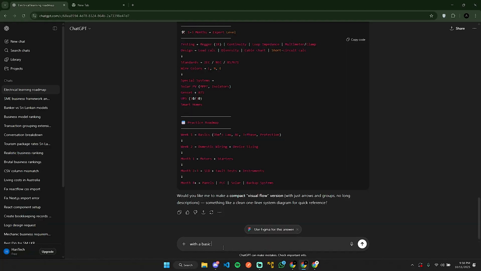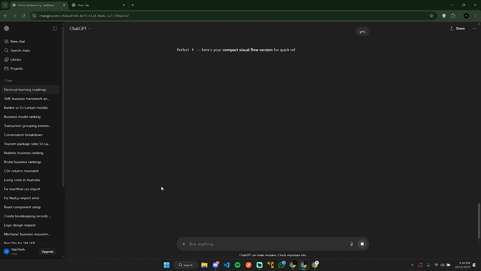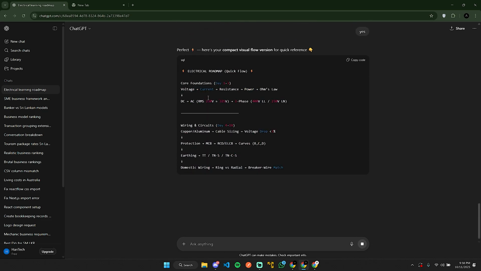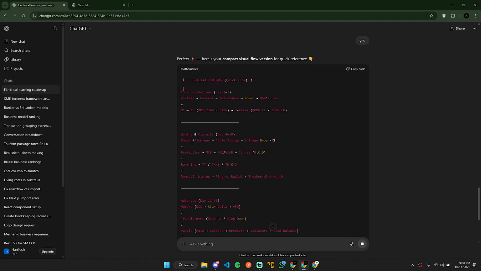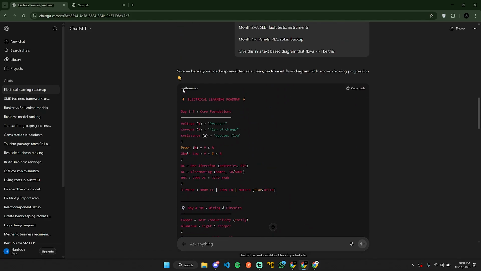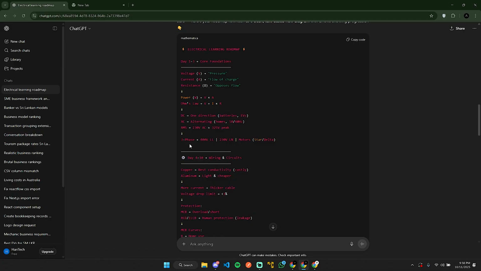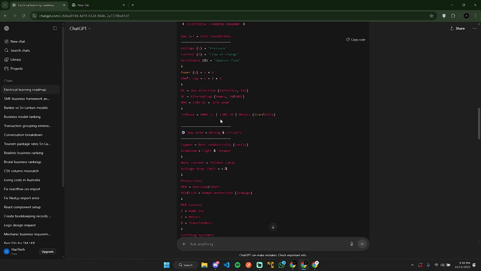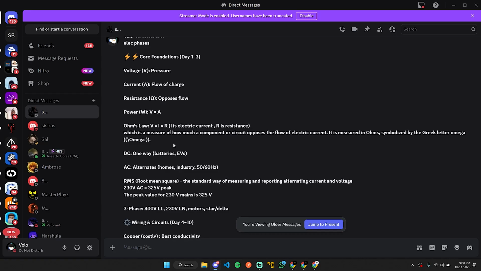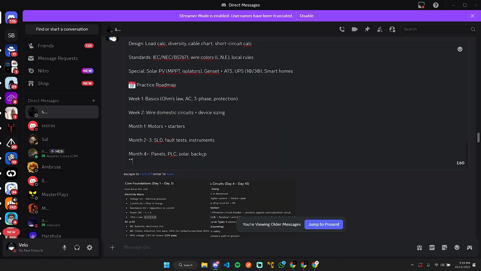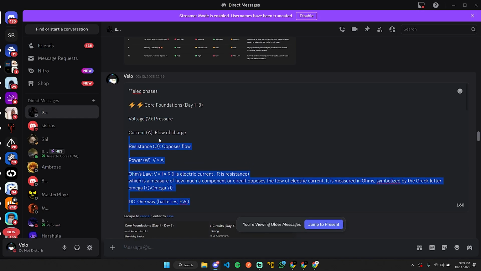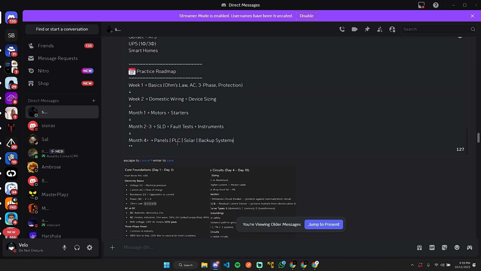Okay, so voltage, current, resistance, power, ohms. You know what? This might be better, to be honest. So 1-phase AC, 3-phase, 230 volts LN, motor star delta. I'm not too sure about this, but it's okay. So let's grab that and put it here.